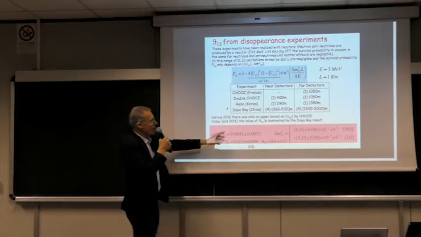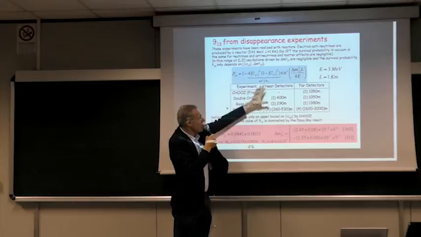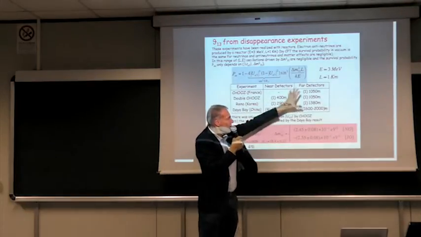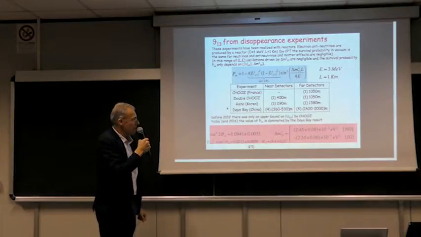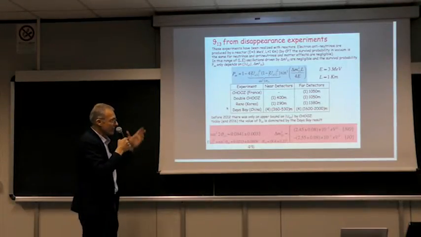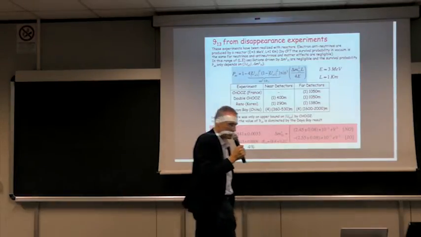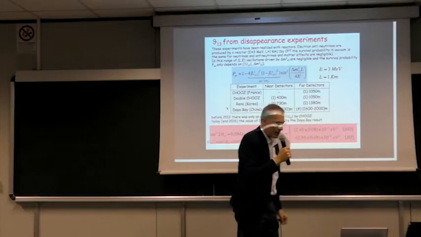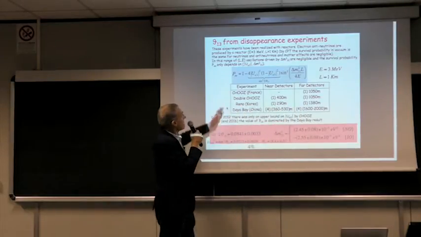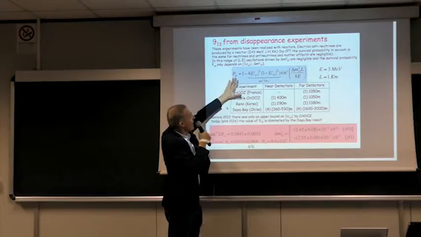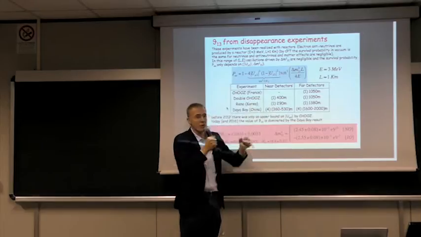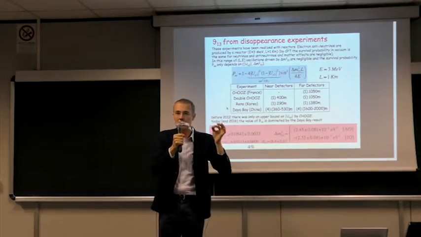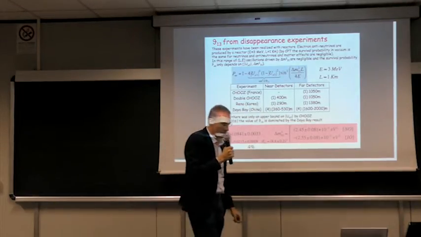By the way, the value of delta m squared determined by this experiment is completely in agreement with the determination from atmospheric neutrinos or from the other long baseline experiments. You see, the virtue of this experiment is that you are sensitive only to this element of the mixing matrix, so you can really pin down the value of theta 13.